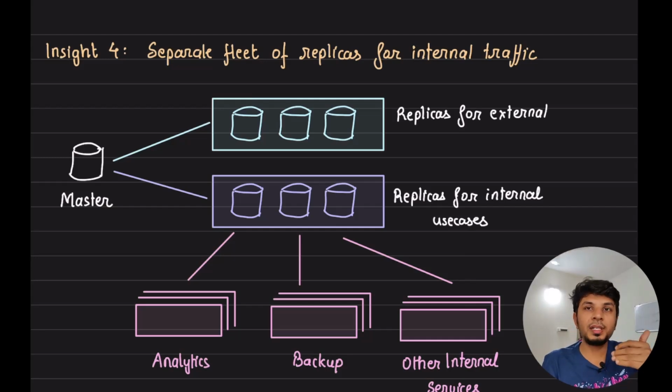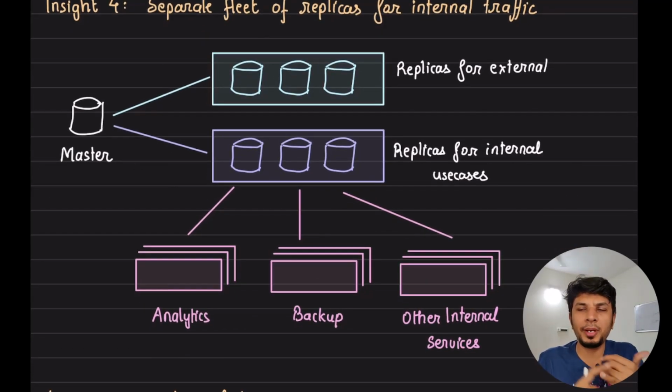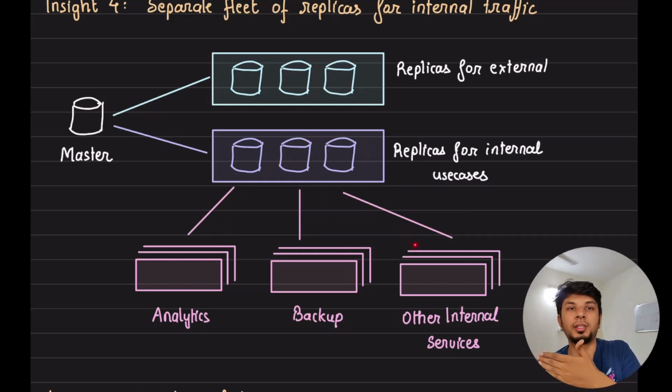And then obviously your main database, you also want to run some analytics or backup or any internal services that require that same database. Would you want to share the same read replicas that you use for production? No. You will create a different set of replicas, and these replicas are the ones internal services use, like analytics, backup, and any other internal service.